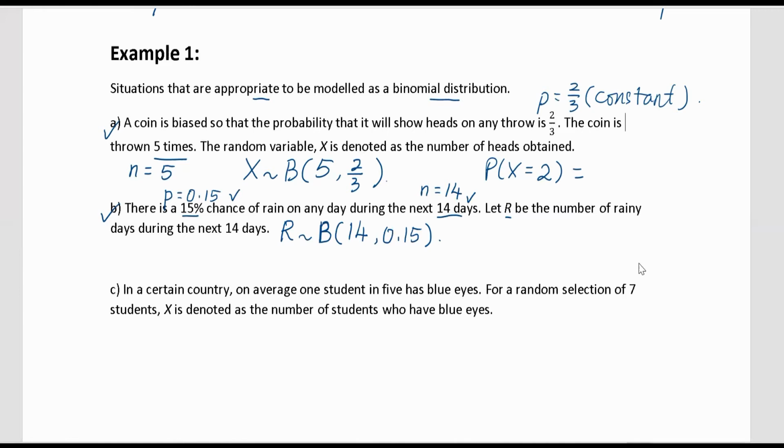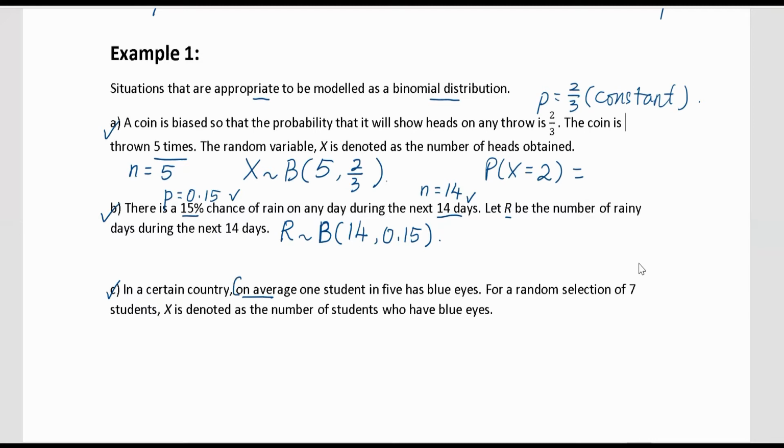Now we have a look at C. In a certain country, on average, 1 student in 5 has blue eyes. This sentence is actually giving you the constant probability. How do I know that?